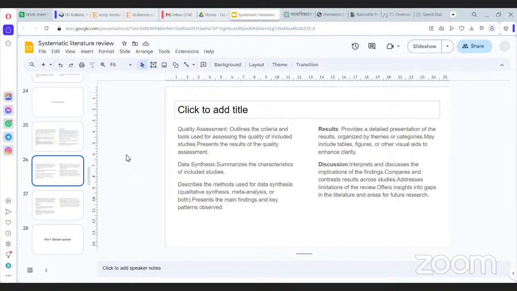Effect size is vital because in empirical research, specifically in experimental study, you are always thinking about the effect of the independent variable on the dependent variable. And the effect size is very important in case of this result presentation.